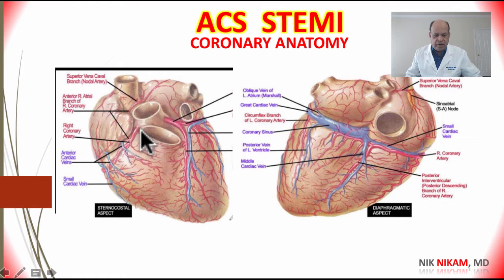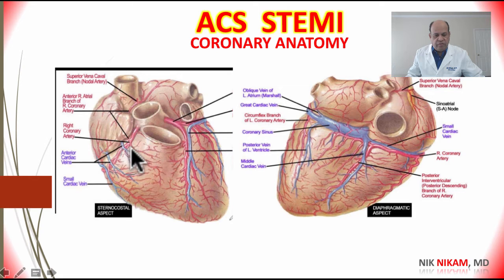The right coronary artery arises from the right coronary cusp or the anterior cusp, and it gives rise to the sinus node branch and the acute marginal branches which supply the right ventricle. The right coronary wraps between the right atrium and the right ventricle to the back of the heart, where it gives rise to the posterior descending branch which supplies the inferior wall and to some degree the septum of the left ventricle.